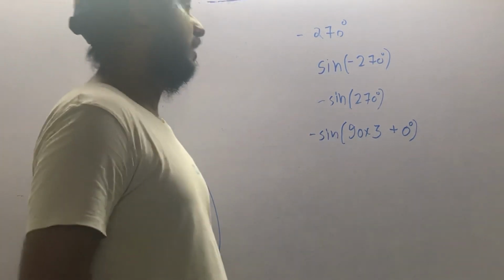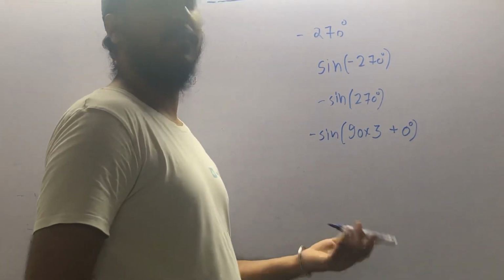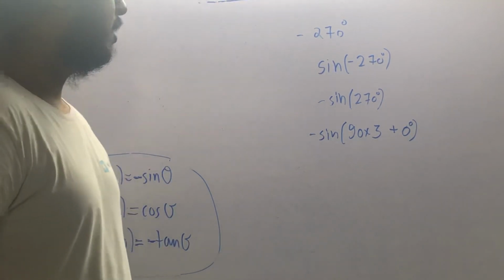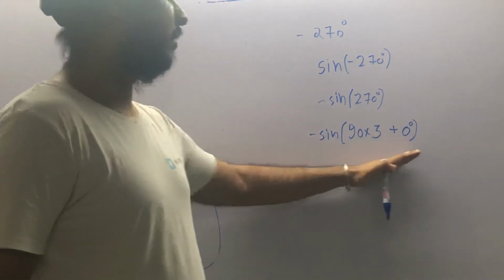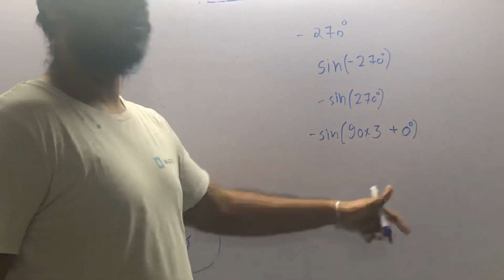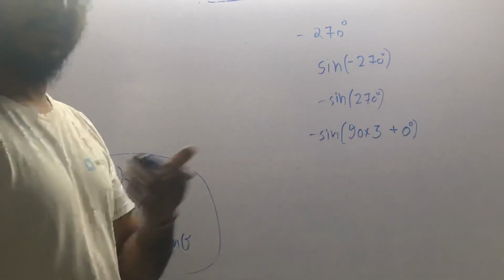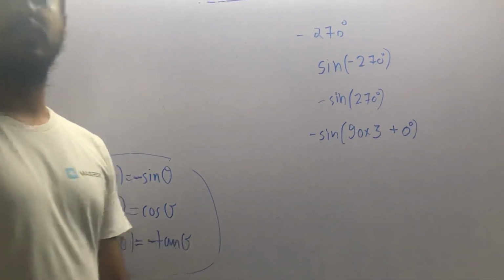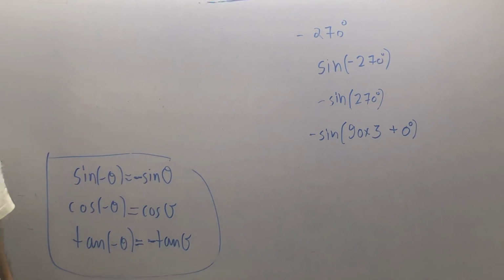Now many of you will have a doubt about which quadrant we should take it in. For the sake of convenience, we will take it to be in the fourth quadrant, because it is plus 0. Even though it is 0, you can imagine it like you have added something. So this comes out to be the fourth quadrant.